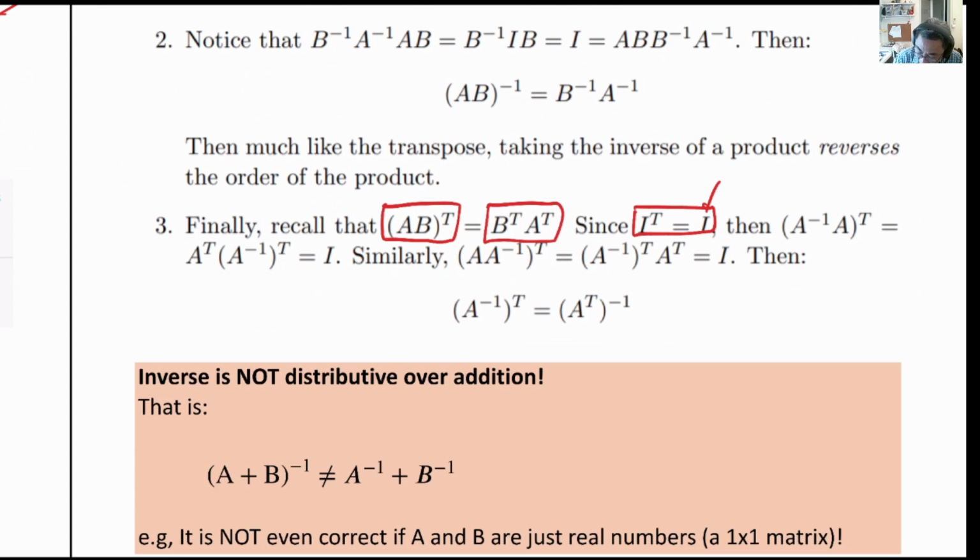Additionally, A inverse, if it exists, multiplied by A will be the identity. Its transpose is of course the same as, using the law of the transpose, A transpose A minus 1 transpose. Now remember that the above was the identity, therefore this is also the identity.